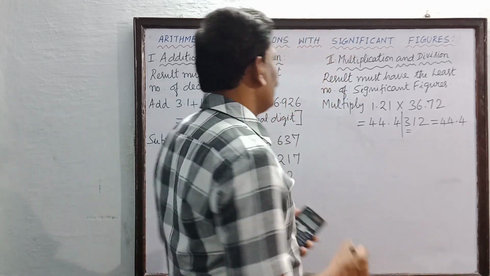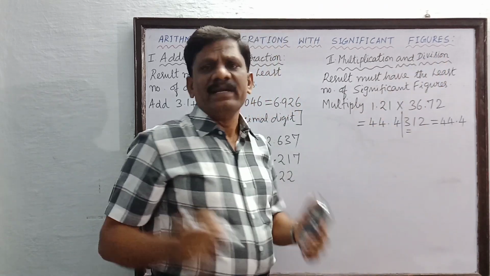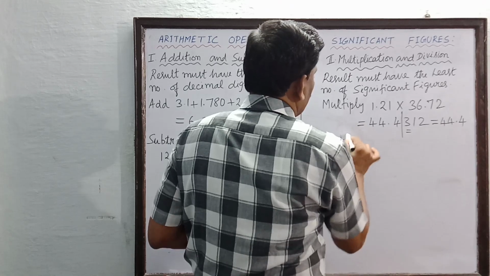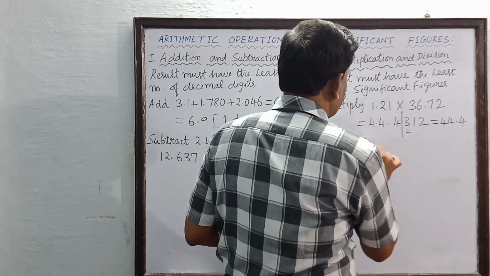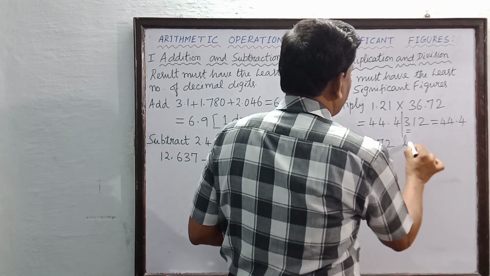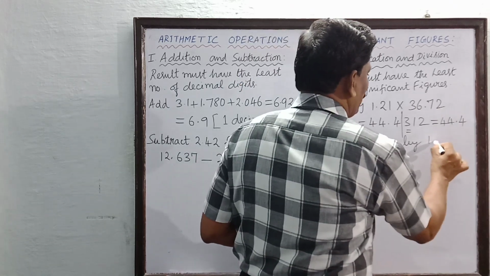Now one more example I will take, for division. I am going to divide 36.72 by any number, let us take 1.2, for example.